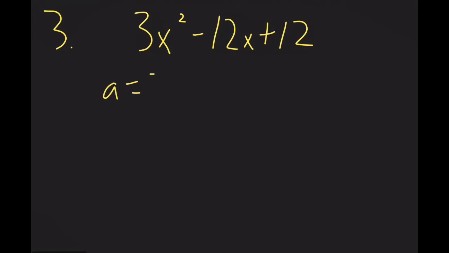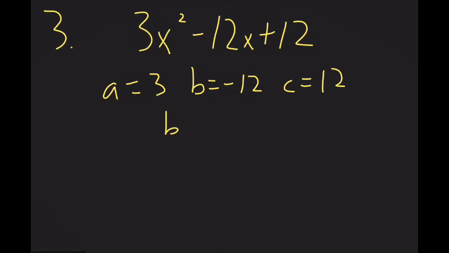In the third example we have 3x squared minus 12x plus 12. This is in the standard quadratic form, so a equals 3, b equals negative 12, and c equals 12.